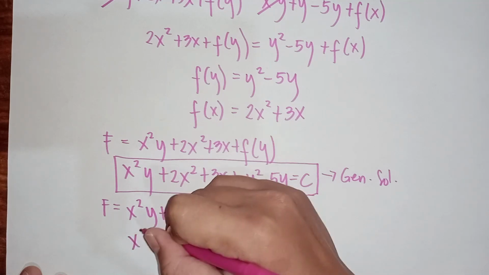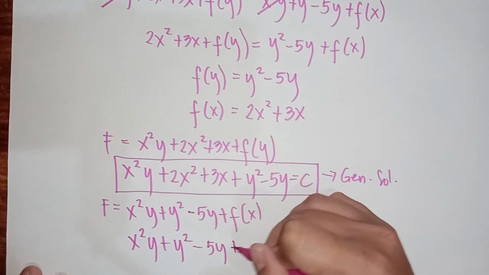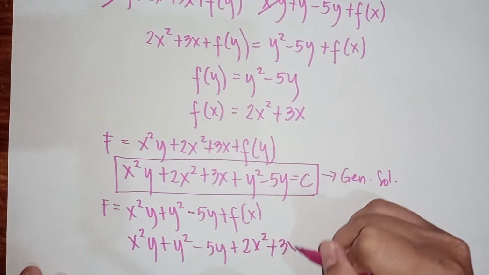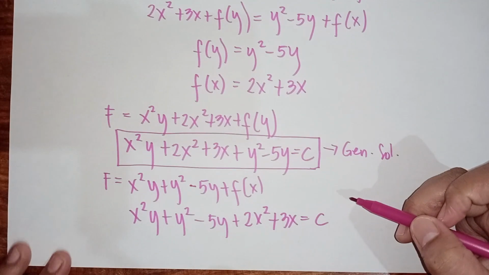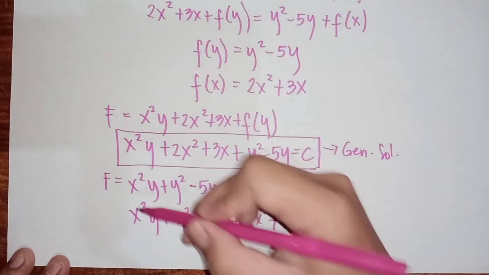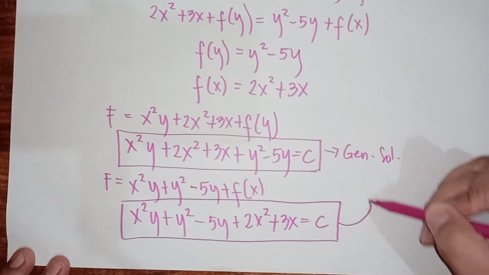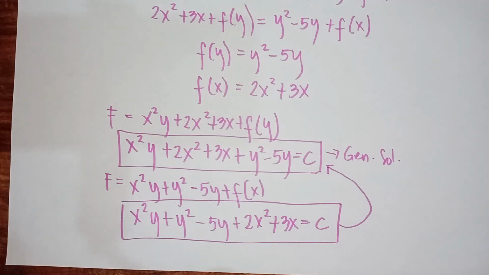This is equal to x squared y plus y squared minus 5y plus, so ang f of x natin is 2x squared plus 3x equals c. So substitute natin or replace natin yung c for f. So, kung titingnan nyo mga boss, this equation is similar to this. Okay? So, kahit anong value ng f pa yung gamitin nyo, you will arrive at exactly similar general solution.